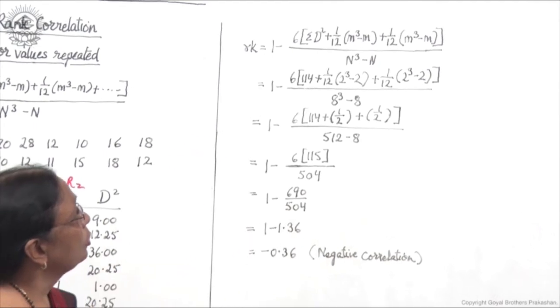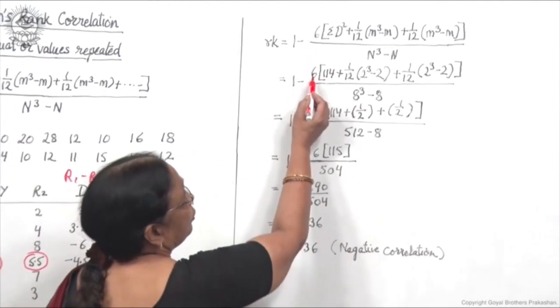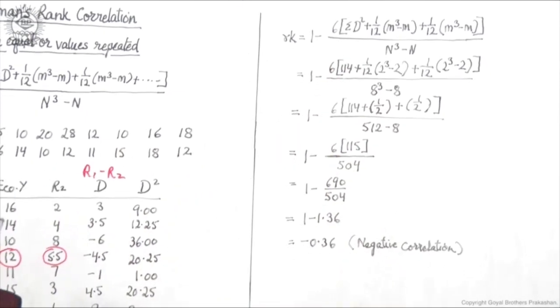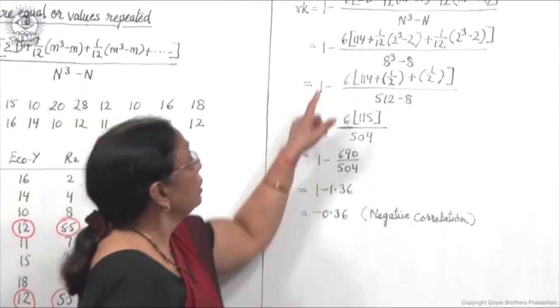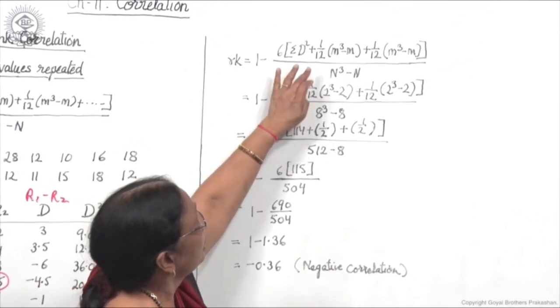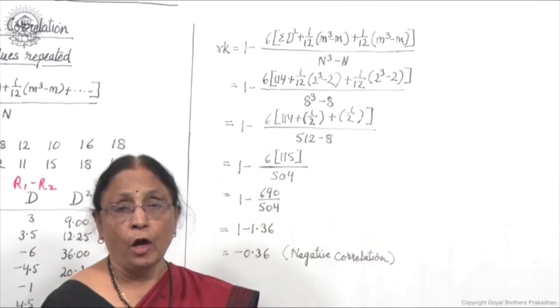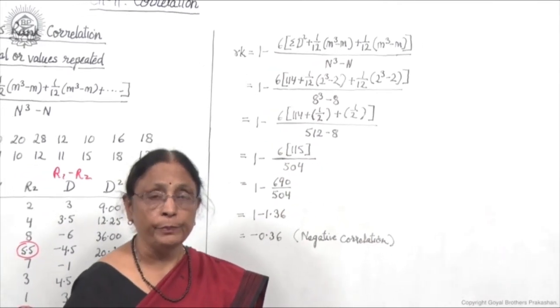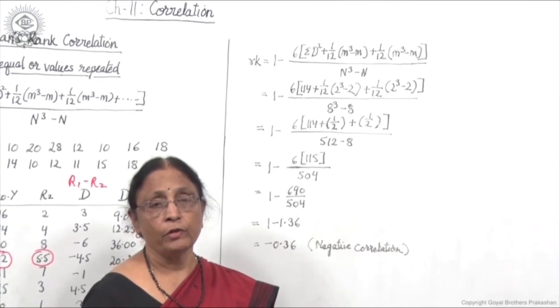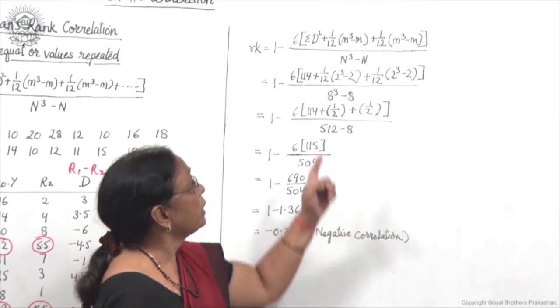Now what does it show? 6 you will write down here, 1 minus 6 sigma d square. You have got the value sigma d square is 114. So write down 114 here plus 1 upon 12. Now what is m? How many times the value is repeated, right? How many times the particular value is repeated in the series, that is m.